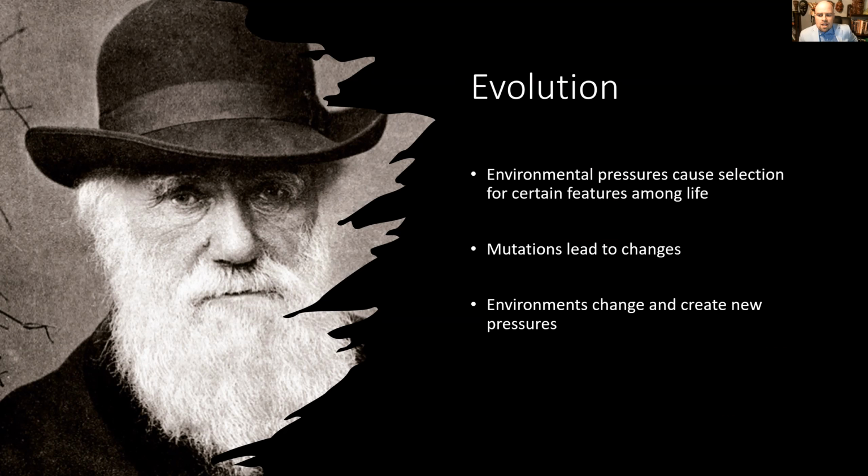But environmental change creates new pressures which may end up hurting a creature that was first well adapted to a specific place as it becomes less adapted. So things we've been talking about, like climate change, increased cold or heat or whatever else. So that's the basic way these things work.